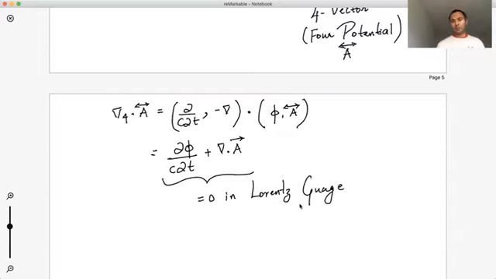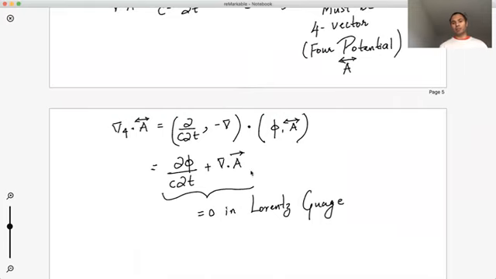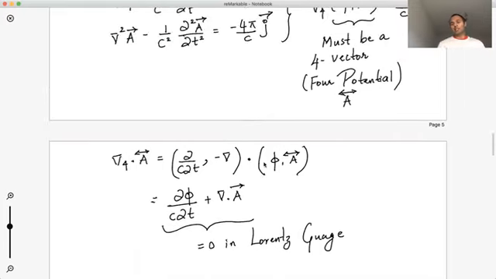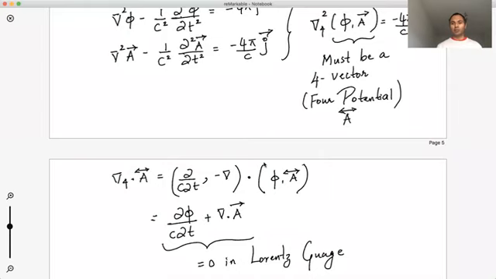The nice thing about the Lorentz gauge is that the 4 divergence of the 4 potential is 0, which means that this must be true in all inertial frames, because 0 is just a Lorentz scalar, right? So as long as you work with the Lorentz gauge, your 4 potential is going to have a 0 divergence in all frames. And that's why the Lorentz gauge is quite popular, because it makes the algebra a lot more simplified when you work with 4 vectors.